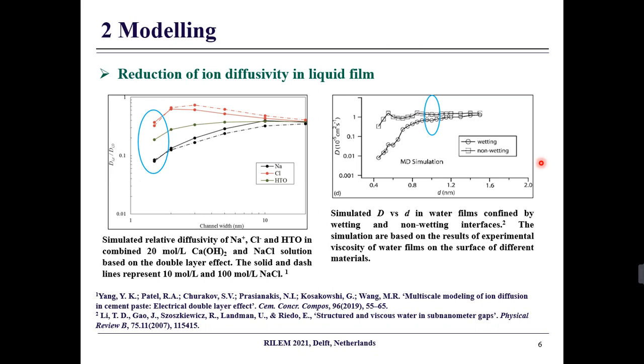Let's take a look at 1 nanometer. It's the size of the liquid film, and we can find that the electrical double layer decreased the diffusivity to 0.1 times the diffusivity in bulk water, and the structured water layer has a little influence on the diffusion coefficient.